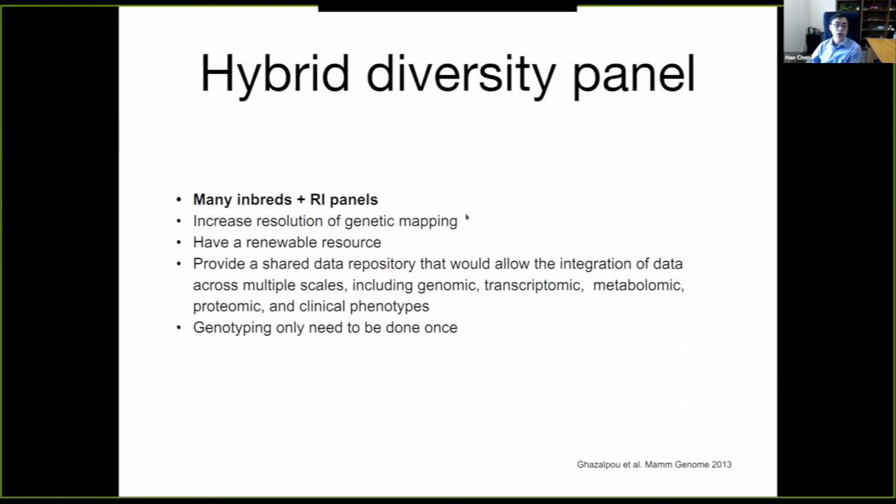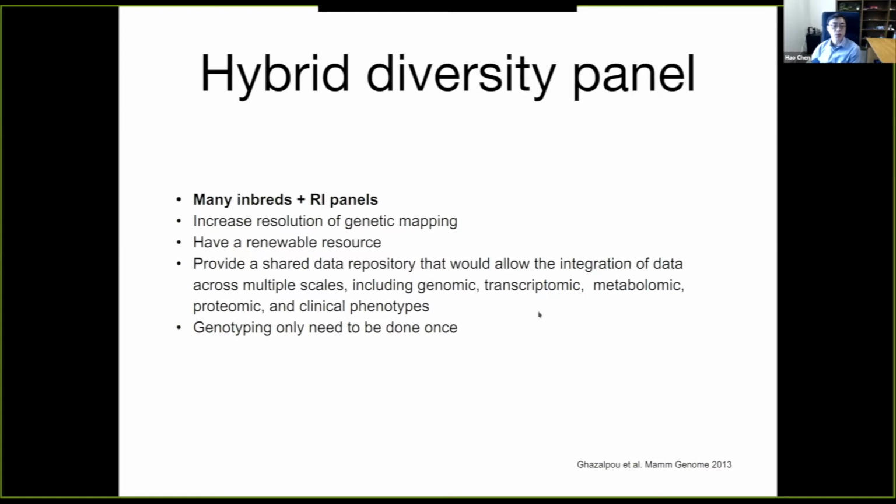The purpose of putting together this kind of hybrid panel is to increase the resolution of genetic mapping, because within this panel you have many different genomes, and with these different genomes you have much genetic diversity, and that is key to increasing the resolution of genetic mapping.